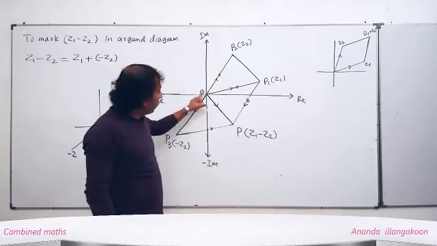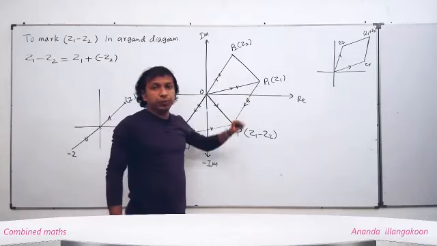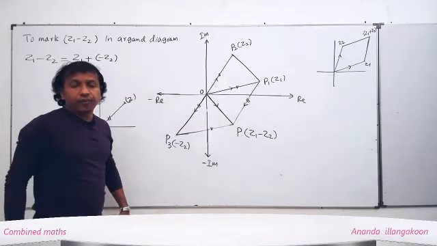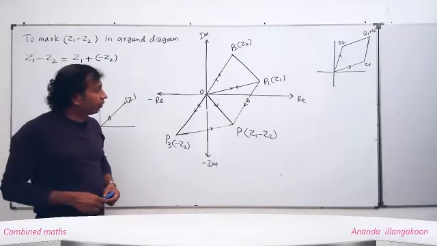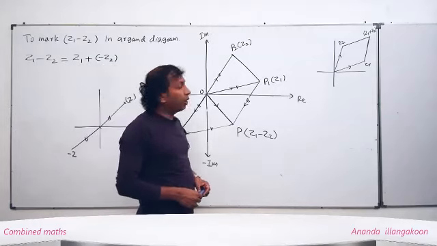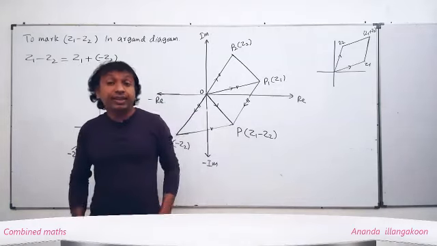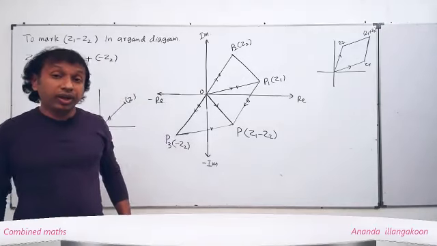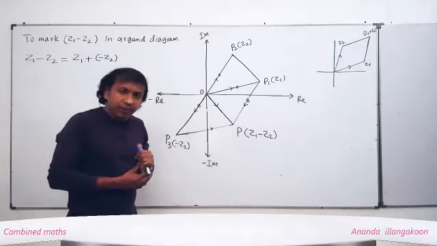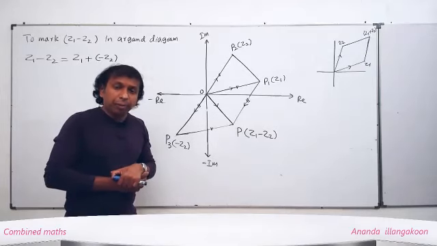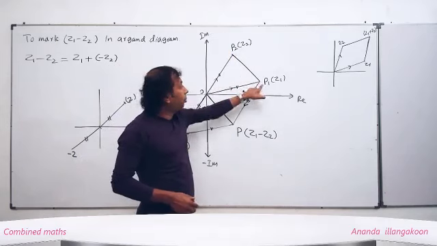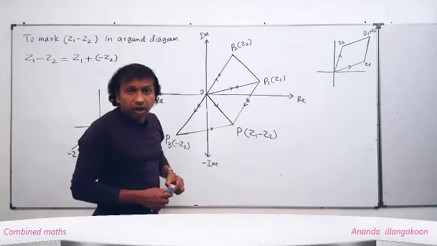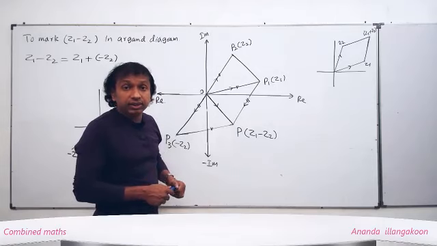Therefore, in this quadrilateral OPP1P2, two opposite sides are equal in length and parallel to each other. So what can you say about this quadrilateral? It is a parallelogram. Why? In any quadrilateral, if the opposite sides are equal and parallel, that quadrilateral is a parallelogram. So OP and P2P1 line segments are parallel and equal in length.